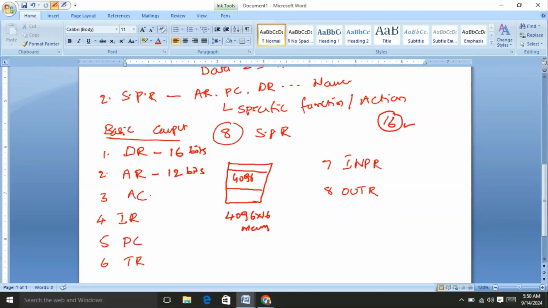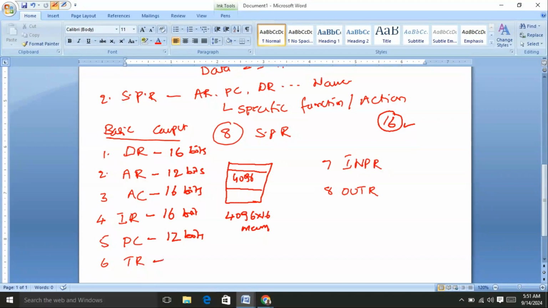Accumulator, this is very important. This is known as the processing register. This is again 16 bits. IR, instruction register, this is also 16 bits. The program counter holds the address of the memory location, so this is 12 bits.